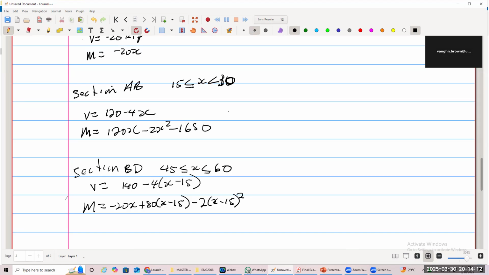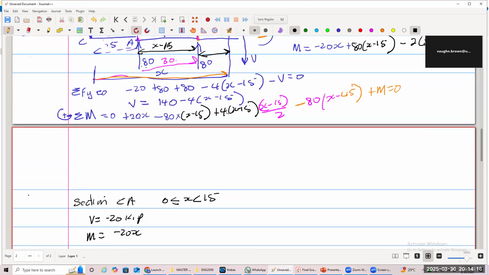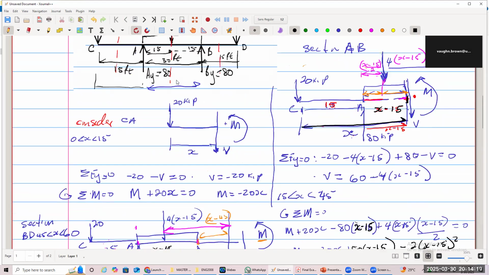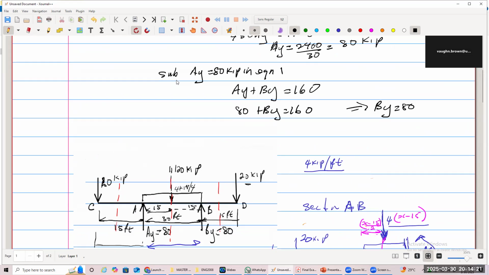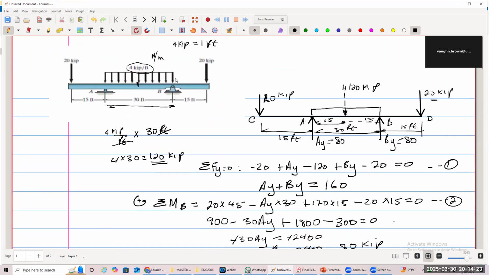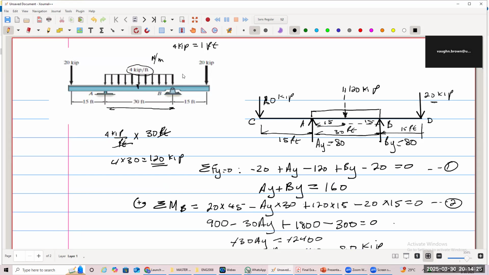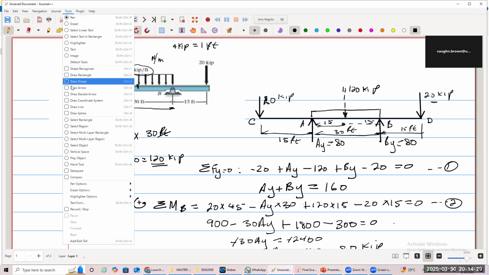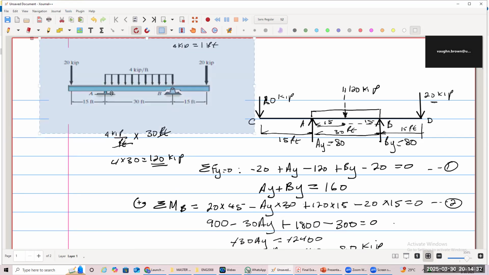So when you substitute in the range, for both of them, let's deal with the shear first. We're going to draw it now. So I'm going to take the original figure and copy it.